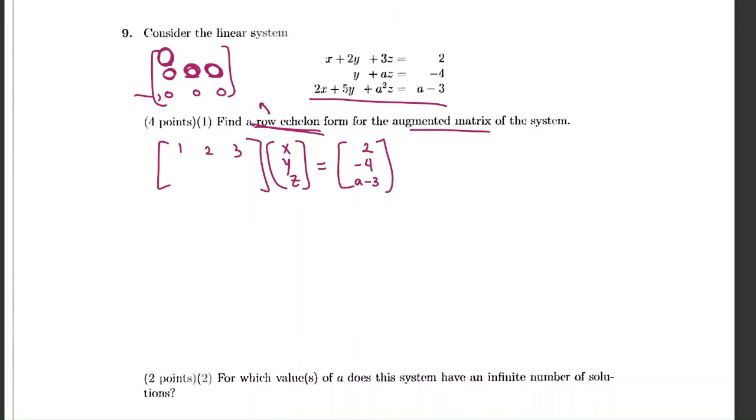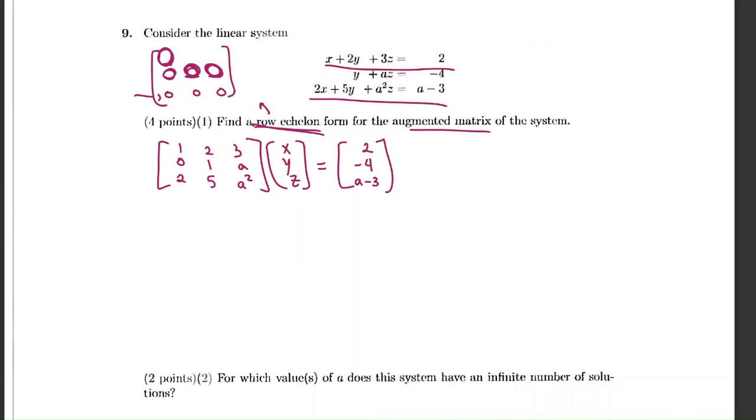So if we have, for example, 1, 2, 3 here, then this matches up with the first equation because we get x plus 2y plus 3z from the matrix equals 2. So now I know what order to put the matrix in, so I can write it like this.